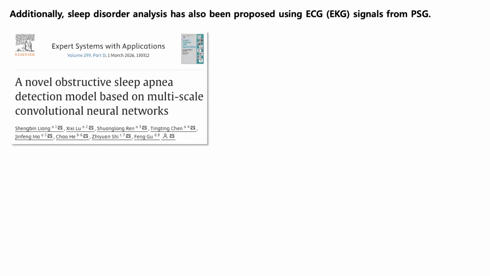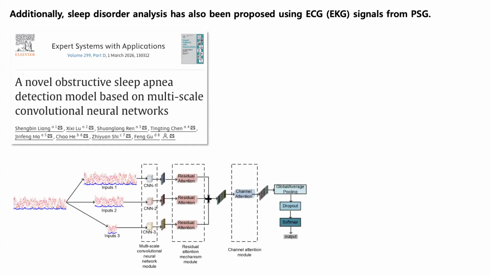Okay. Additionally, sleep disorder analysis has been proposed using ECG. ECG, a signal from the PSG, is the same as EKG. It's named a novel obstructive sleep apnea detection model based on a multi-scale convolutional neural network. This model's architecture looks like this.